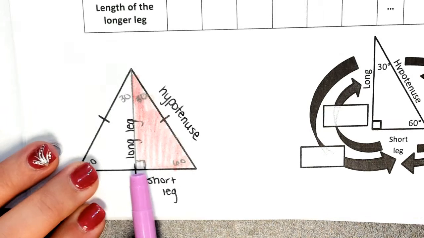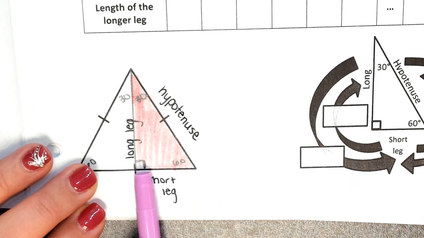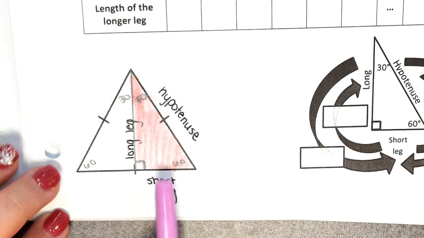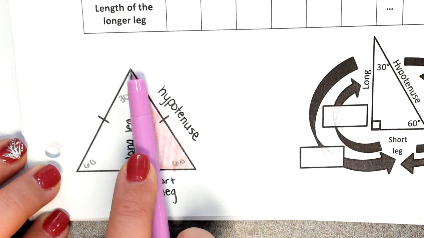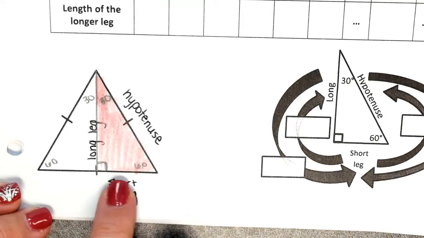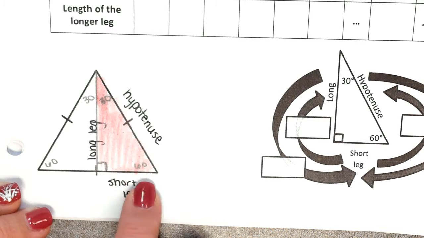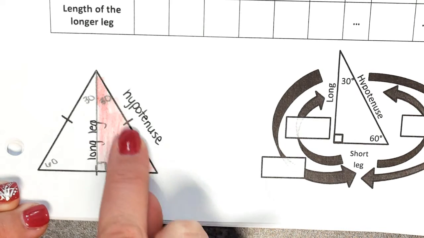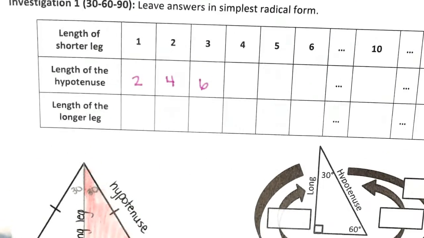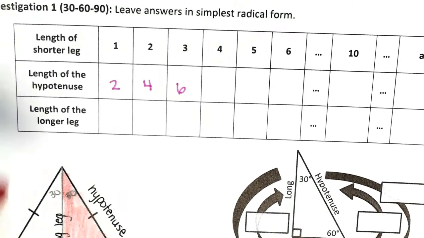If I had the short leg be 2, what would the whole side be? 4. So what would the length of the hypotenuse be? 4. If I had my short leg be 3, what would the length of the hypotenuse be? See if you can figure out what the pattern is.